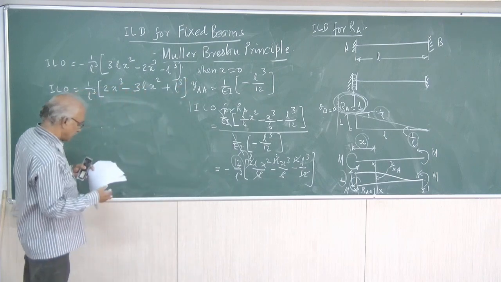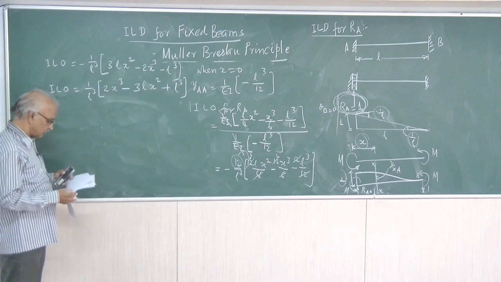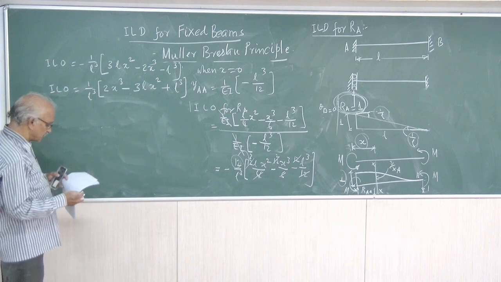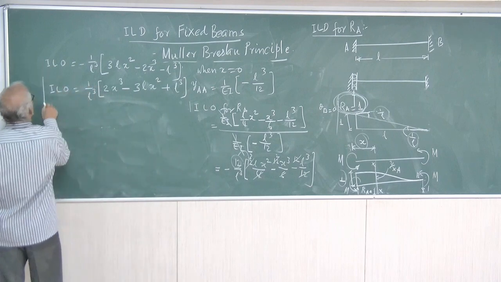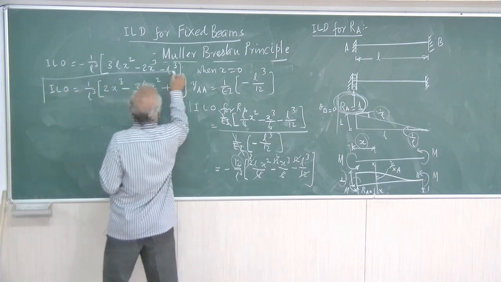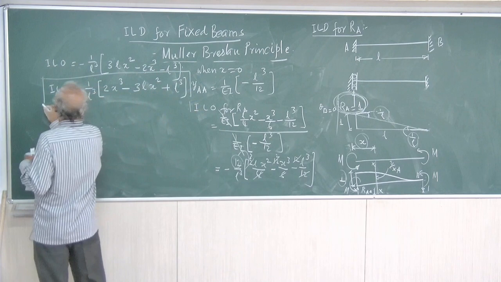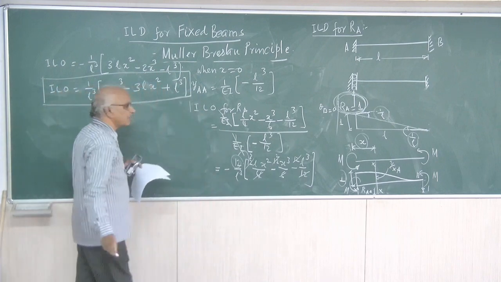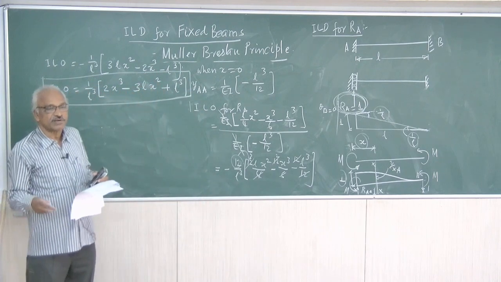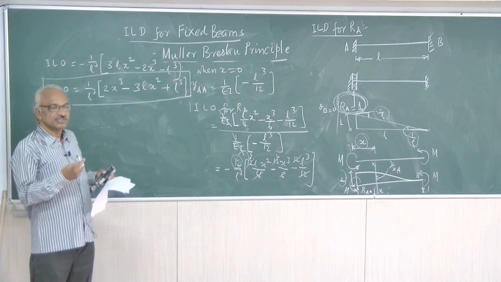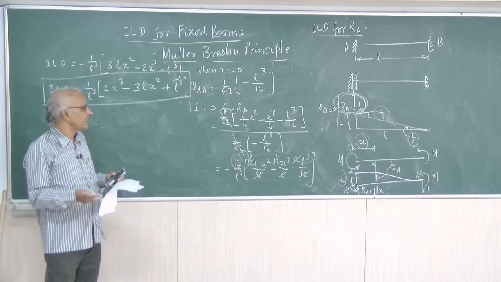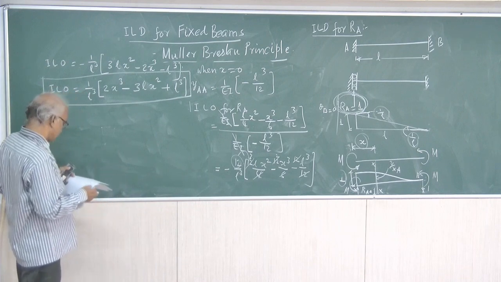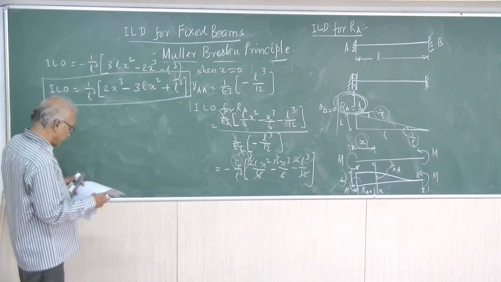That is the equation. So this is the equation for the influence line ordinate for RA. In this equation we can substitute different values of x equal to 0, 0.1L, 0.2L, whatever interval we want, and get the value of the influence line ordinate.